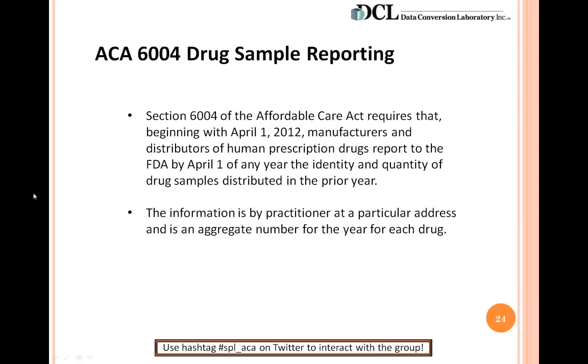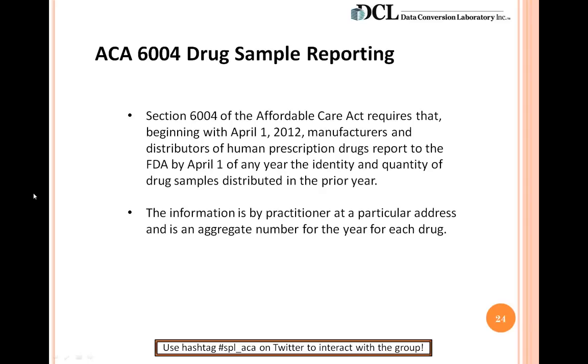So we have a few slides to talk about the ACA 6004. Basically, this is legislation passed by Congress as part of the Affordable Care Act. It's specifically Section 6004. Beginning with April 1st, 2012, it requires that manufacturers and distributors of human prescription drugs report annually to the FDA by April 1st the identity and quantity of the drug samples that were distributed by the manufacturer and distributor in the prior year.